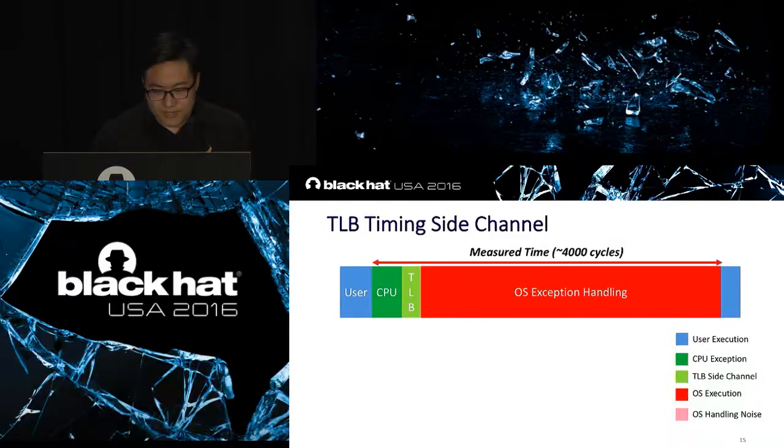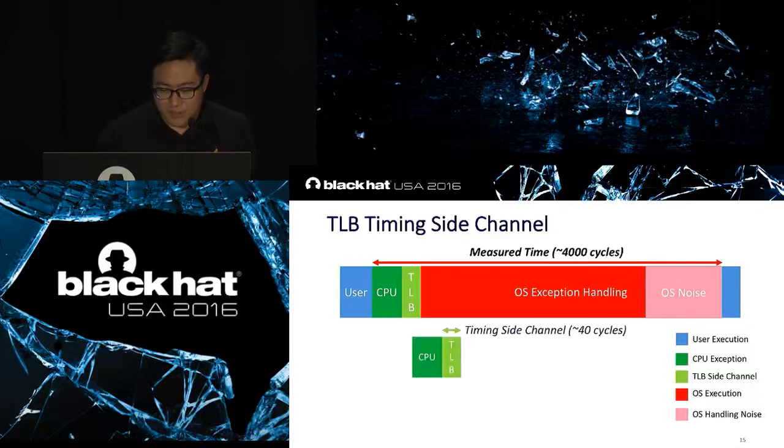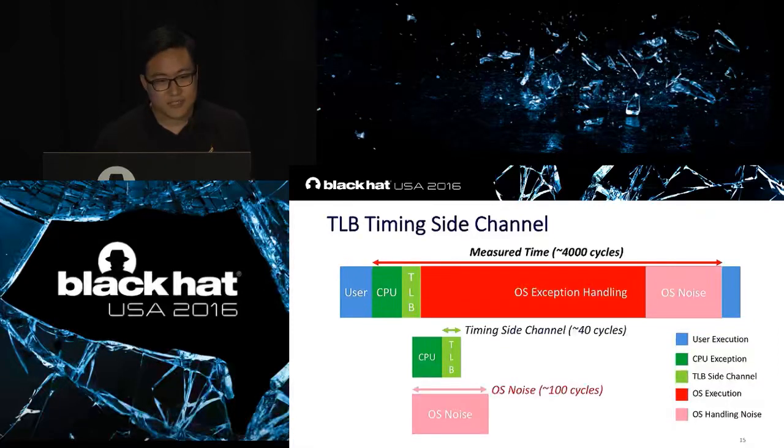While we measure cycles around 4,000 cycles, most of the time is consumed on the operating system side. And the lengthy execution in the operating system part could suffer lots of noise because there could be scheduling interrupts or other exceptions, etc. Compared to the origin of the side channel, where the TLB hit-miss causes just around 40 cycles, this noise at the operating system is much more than that.